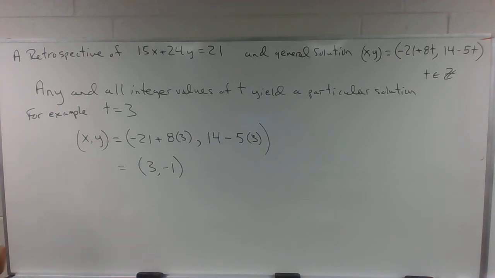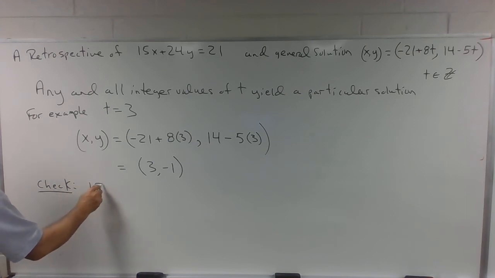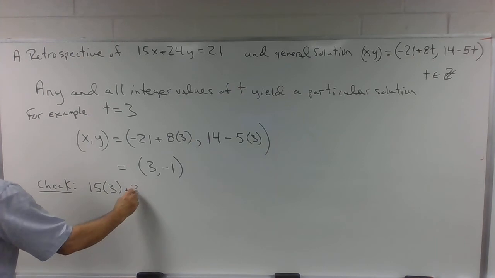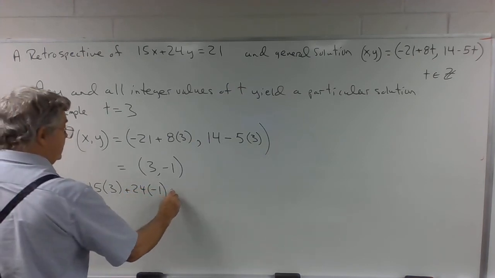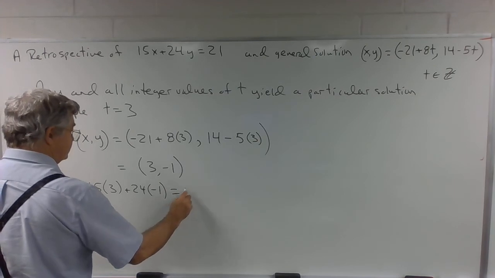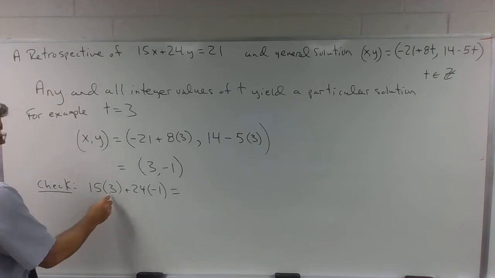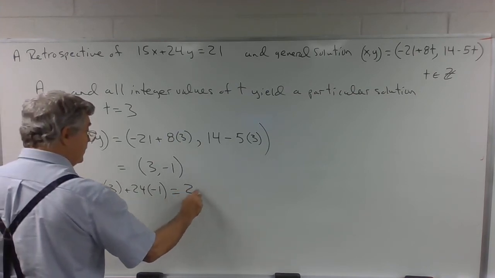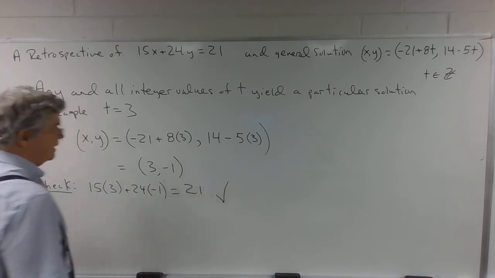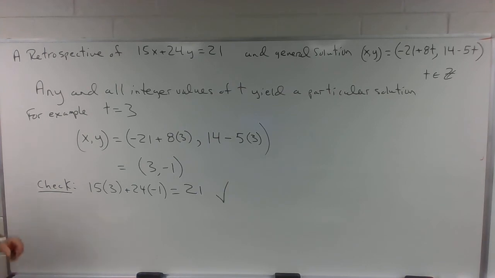Okay, let's check. 15x plus 24y equals, that's 45 minus 24 is 21. Check. Okay.